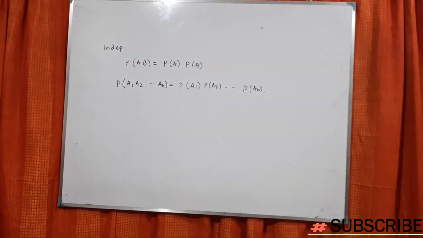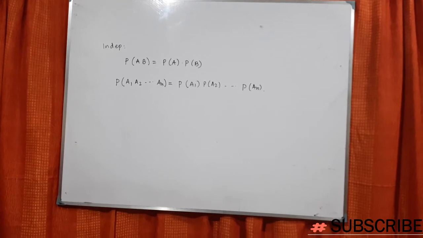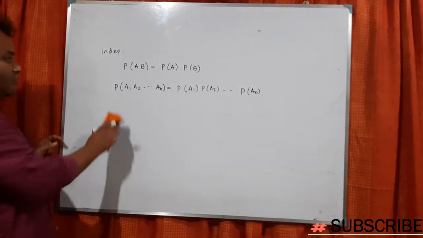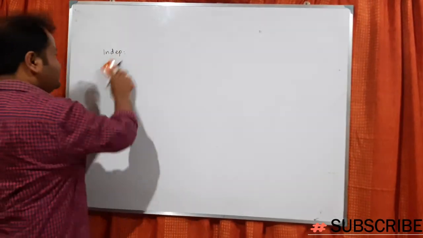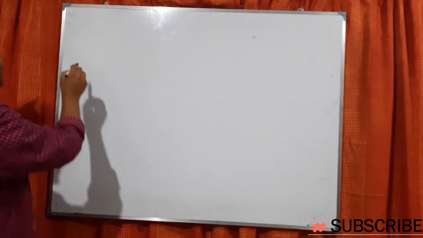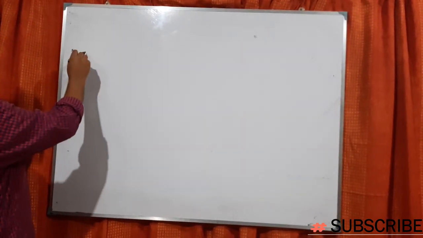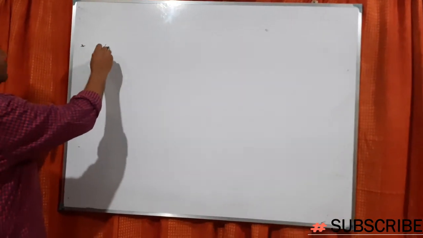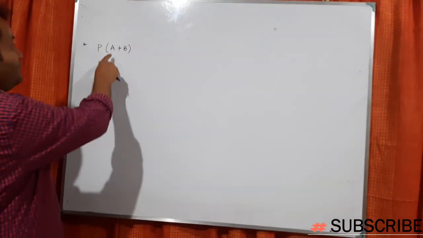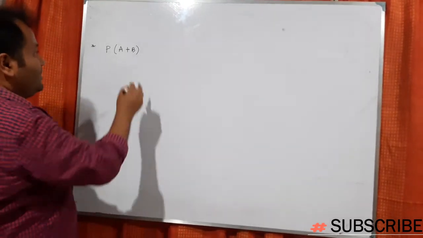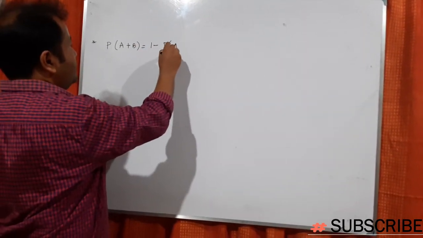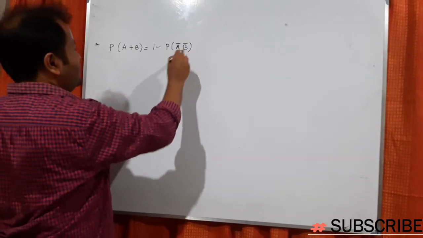Okay, and we will be doing some more problems, but before that we want to give you some idea of some set theory. So in set theory, suppose we want to prove P of A plus B, that is P of A union B, is nothing but 1 minus P of A bar B bar.